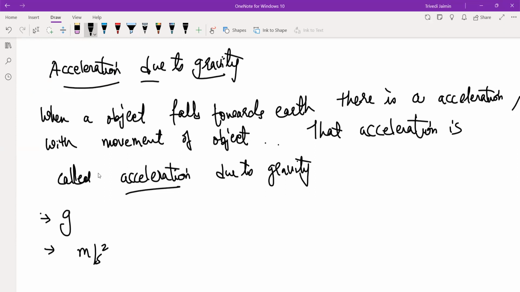So if you get confused with this unit, what do you do? Remember the formula we wrote? a equals v minus u by t, right? Change in velocity by time. Acceleration is rate of change of velocity by time. So velocity is meter per second divided by second. So meter per second square.